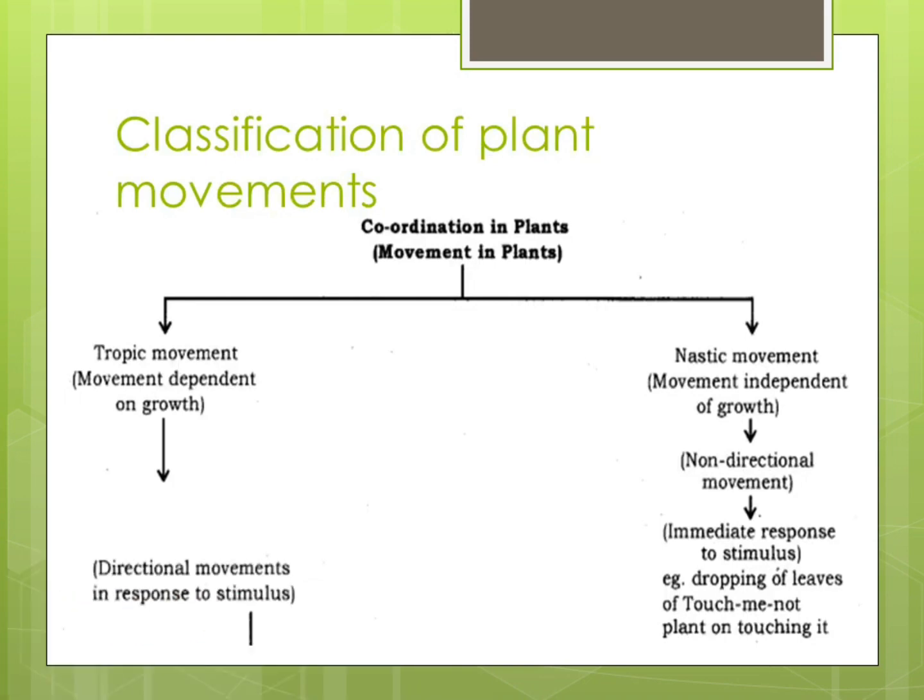The movements of plants are broadly classified into two main types: tropic movement, that is movement dependent on growth, and nastic movement, that is movement independent of growth.